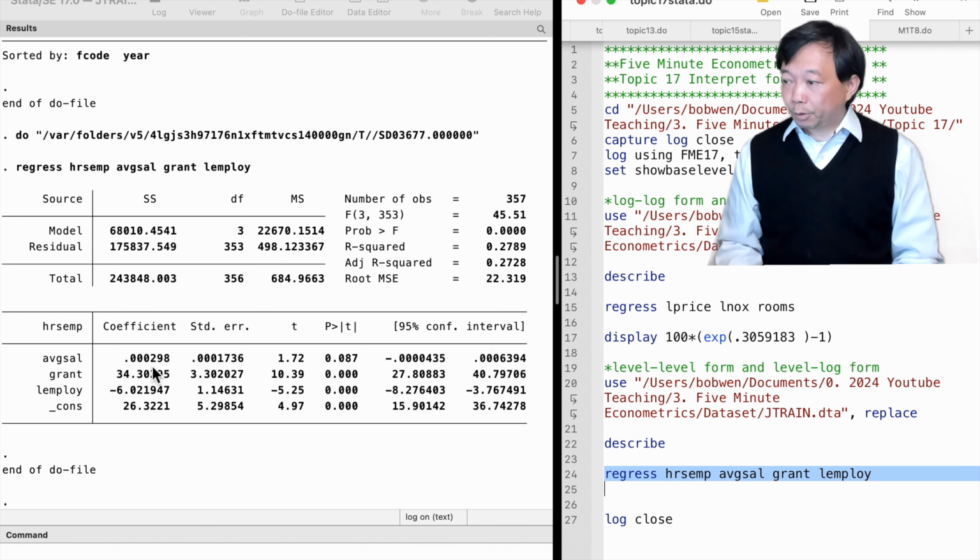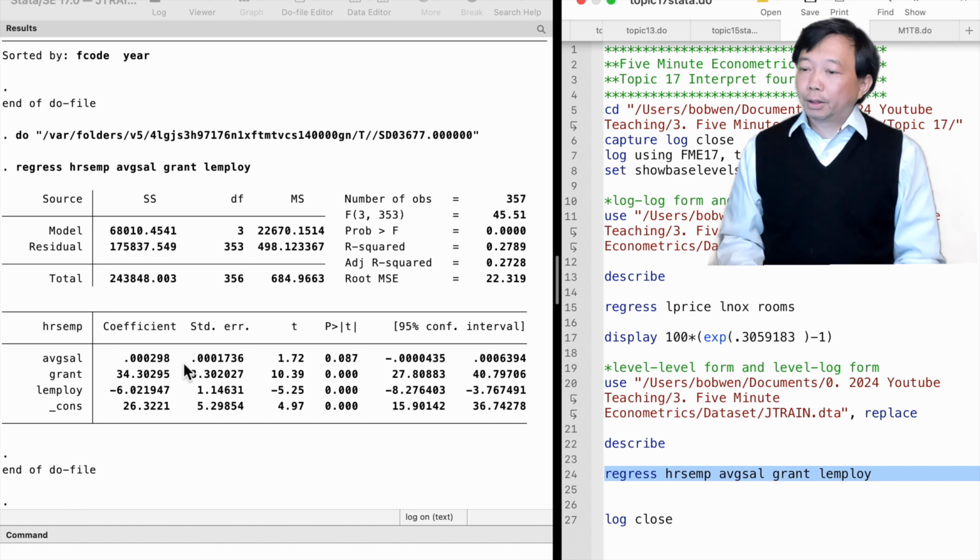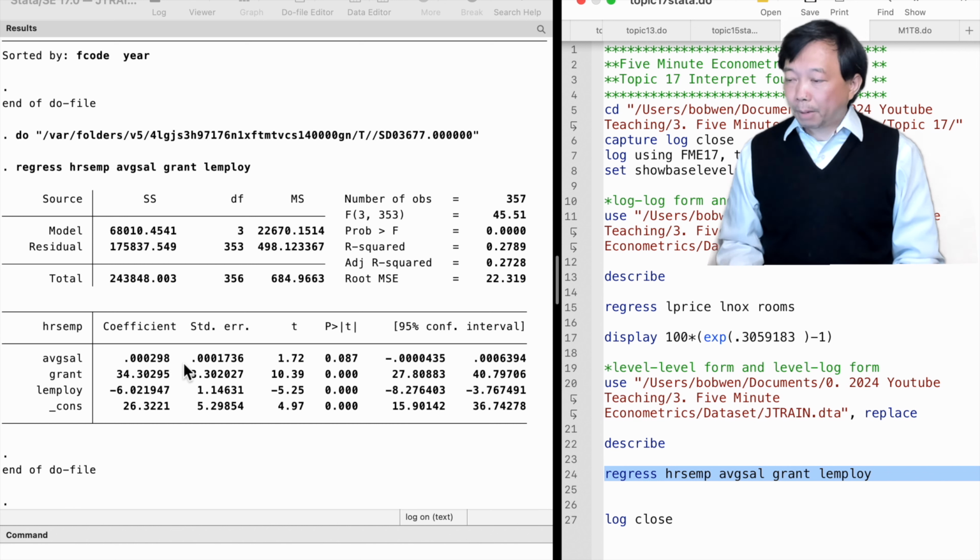The estimated coefficient of 0.0003 means the hours of training per employee increase by 0.0003 hours as the average salary increases by $1.